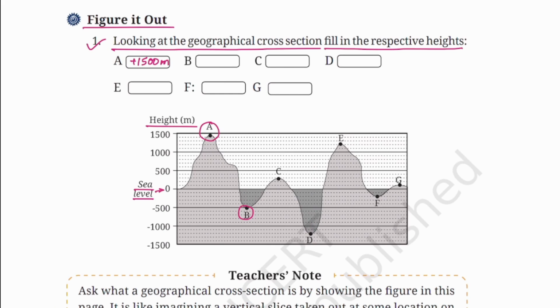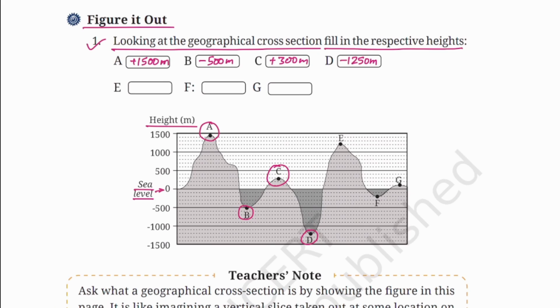Height of B, minus 500 meter, or you can say depth of B is 500 meter. Height of C, plus 300 meter. Height of D, minus 1250 meter.